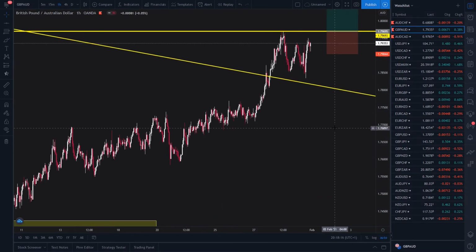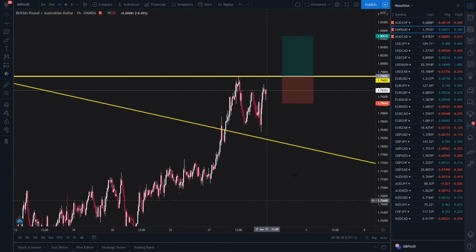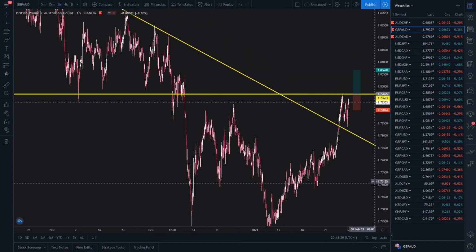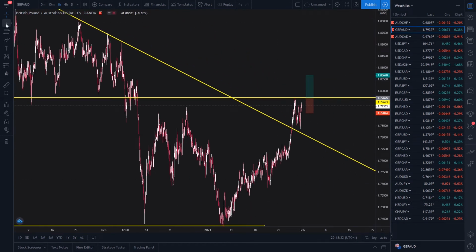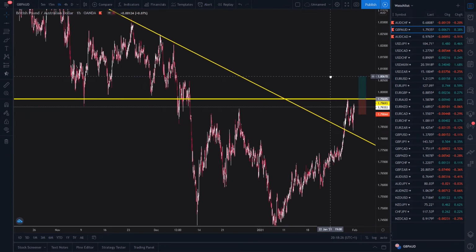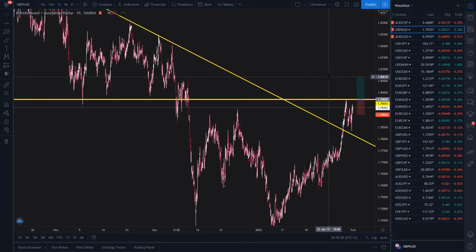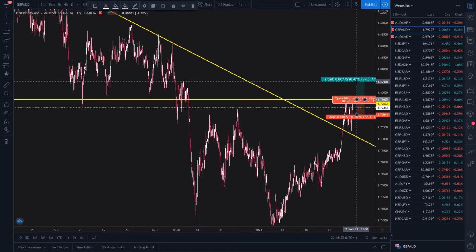And let's check how this looks on a bigger picture. So this take profit is way too high. I will be doing these wicks, so let's arrange it.